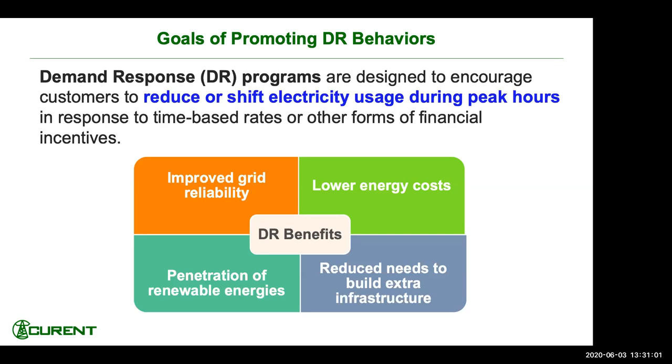I mean, talking about large scale, this is not just you or me saving energy during the peak hours. It also improves grid reliability: if there's a big jump during the peak hours, or a high peak, and then it reduces to a lower peak or off-peak, that's not going to improve grid reliability.